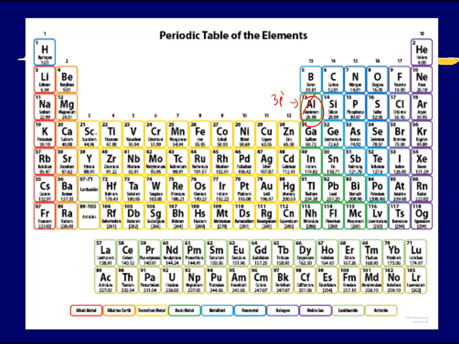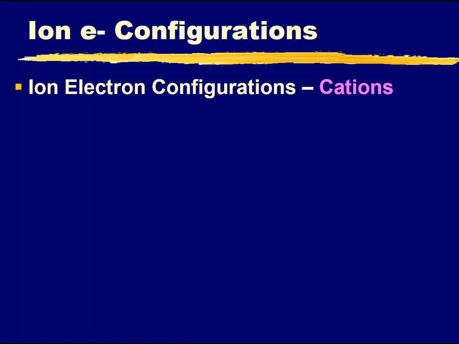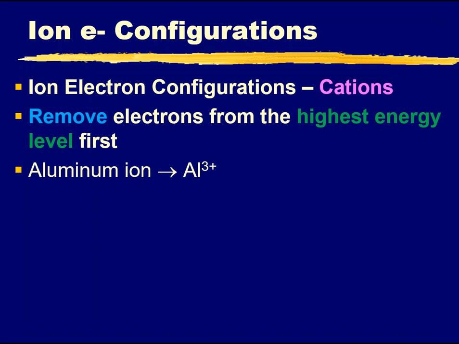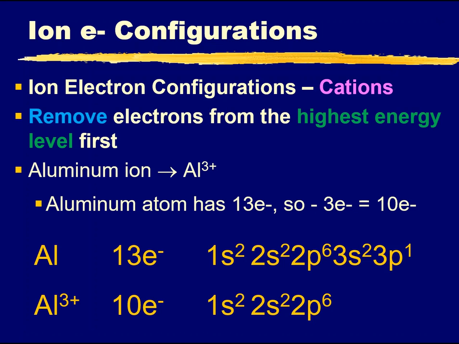But if we take away 3 electrons and end up with 10, we write out the same configuration as neon. That's easy enough. It's 1s2, 2s2, 2p6, right? Not hard.